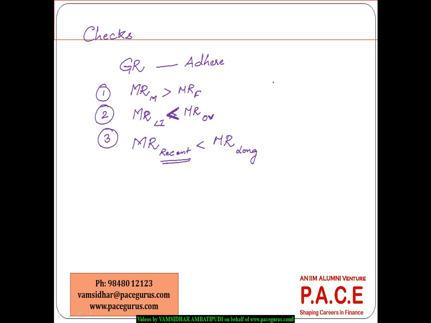So these are some of the common quick checks that can be done, before getting into really statistical mechanisms of testing, to ensure whether my graduated rates are adhering to the actuals.